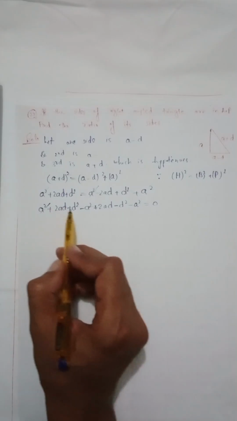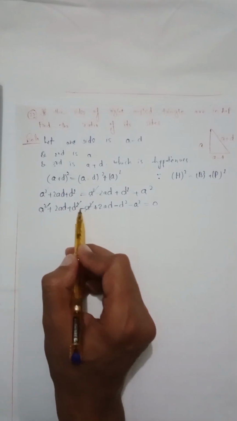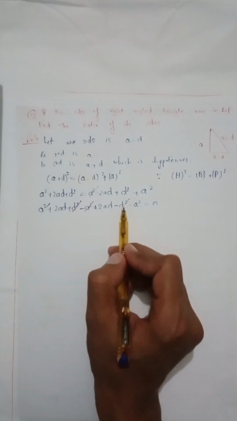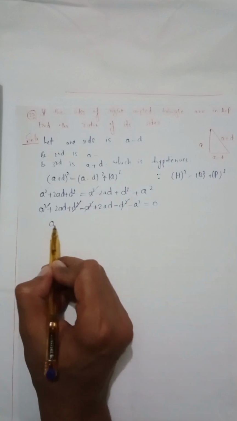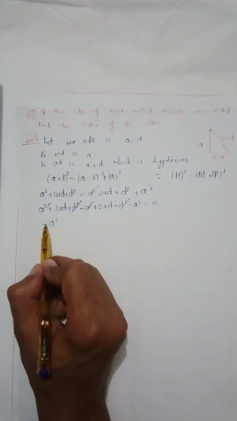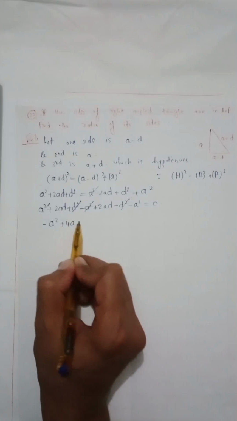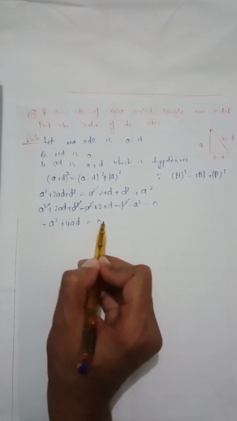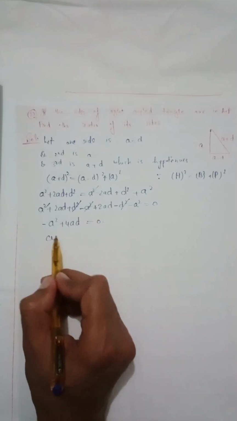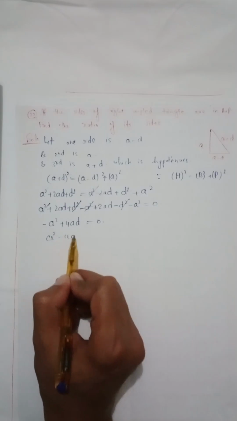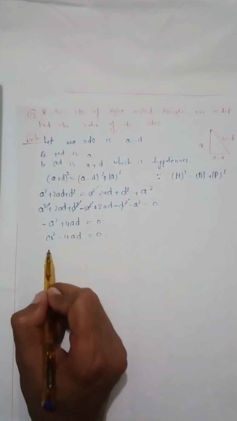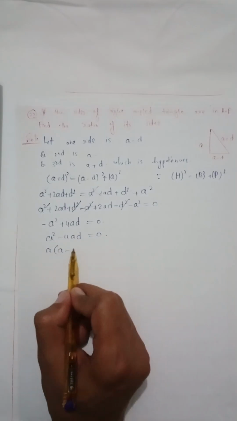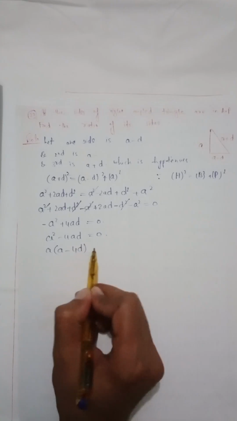This a square is cancelled with this a square, this d square with this d square. a square minus a square minus 4ad equals 0. Can be written in this way: a into (a minus 4d) equals 0.